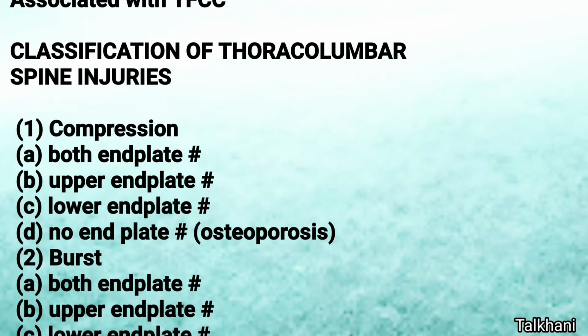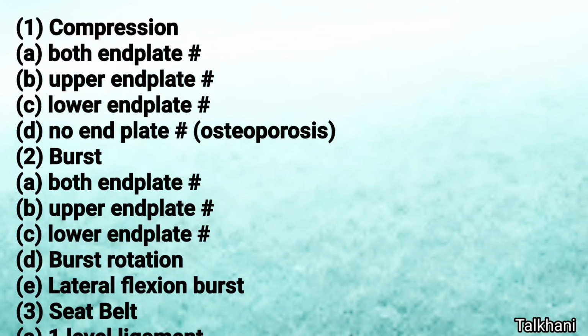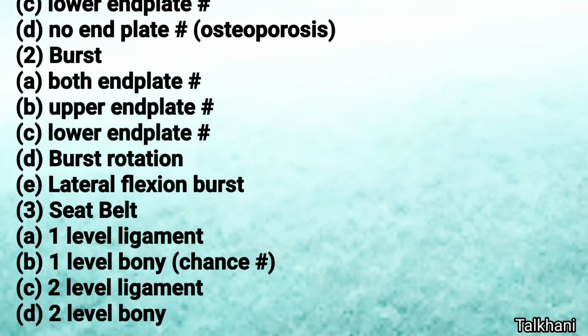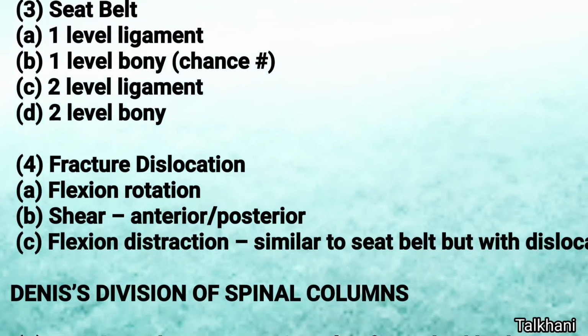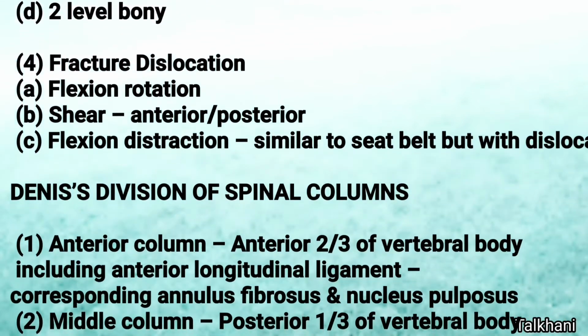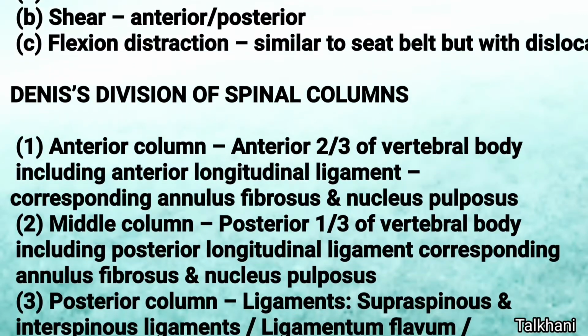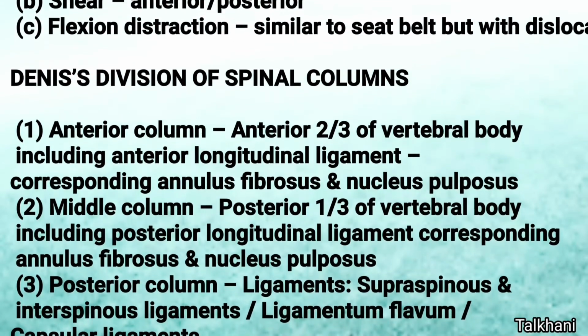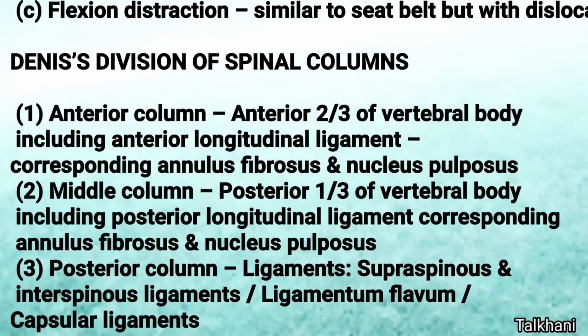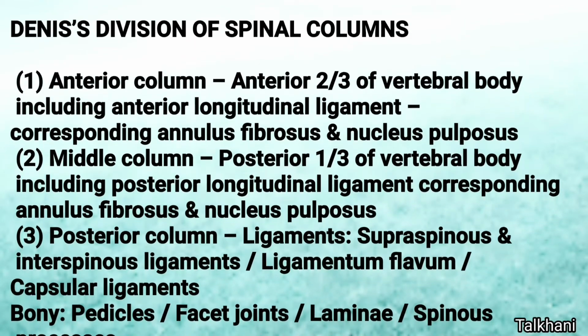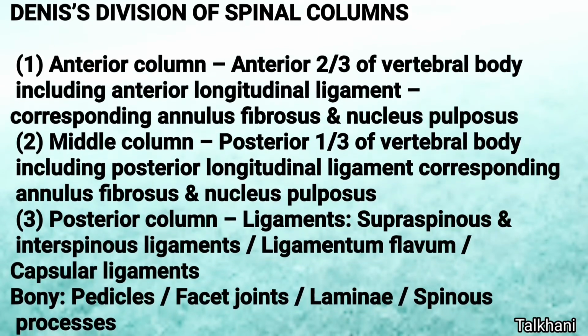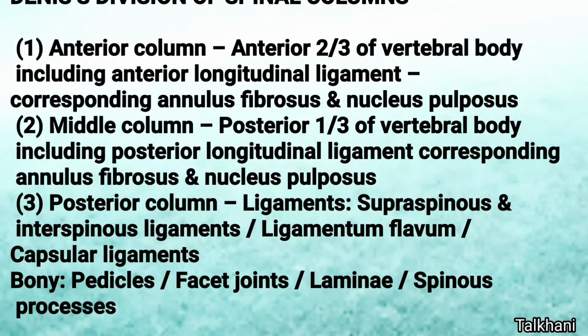Denis's division of spinal columns are: number 1, anterior column is anterior 2/3 of the vertebral body, including anterior longitudinal ligament with corresponding annulus fibrosus and nucleus pulposus. Number 2, middle column is posterior 1/3 of vertebral body, including posterior longitudinal ligament with the corresponding annulus fibrosus and nucleus pulposus.